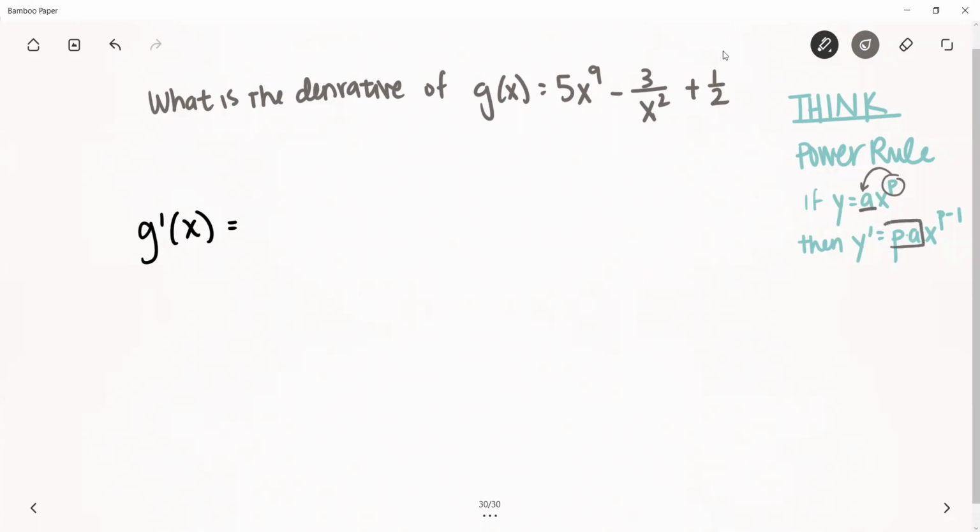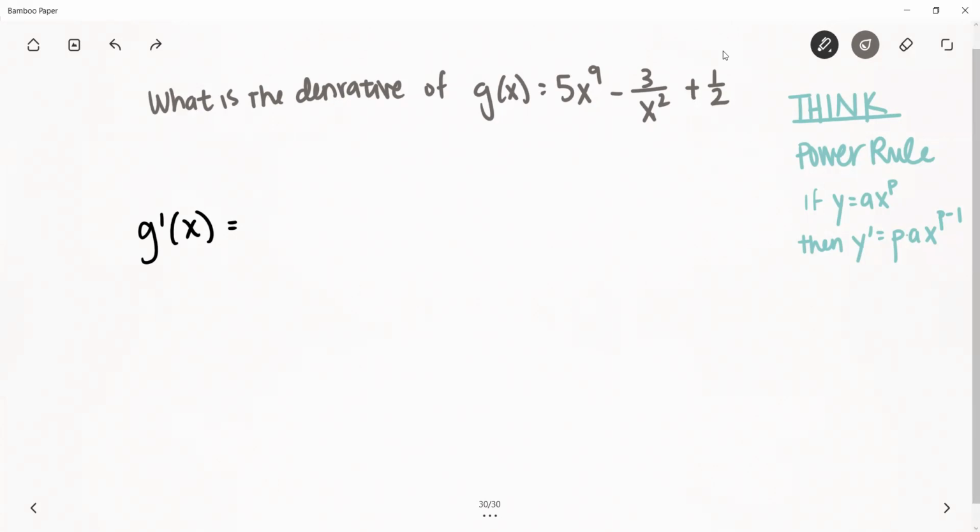So that's how you're going to get p times a. And then we subtract 1 to get our new power. So that's how we get that. And this was a pattern that we observed just by looking at a bunch of different derivatives from this form. And that kept happening. So let's use it here.